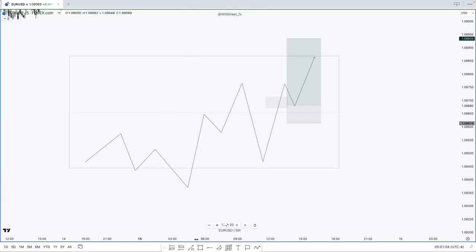if this is a daily range, and this is, imagine, Tuesday, the range has been created on Monday.